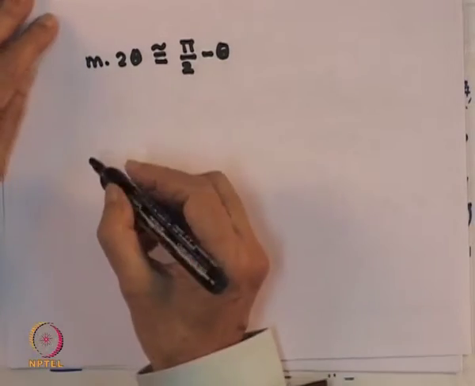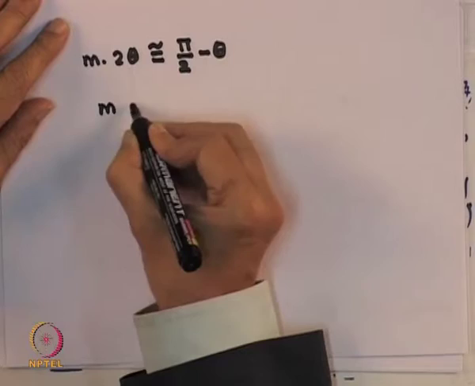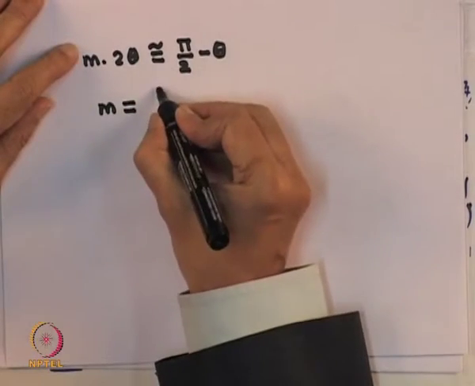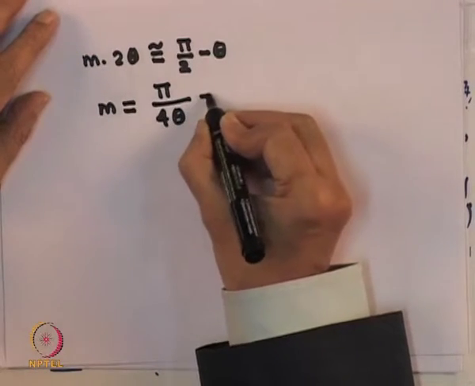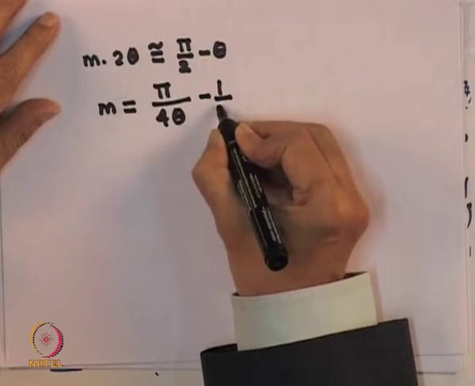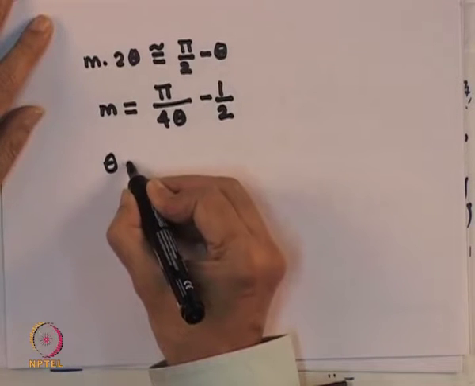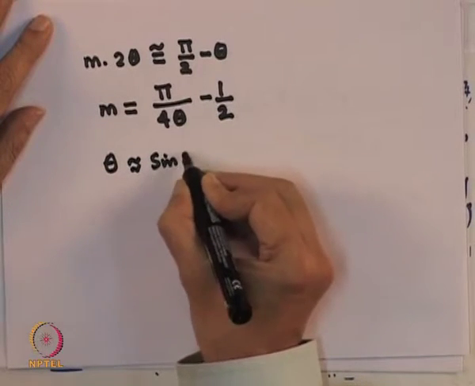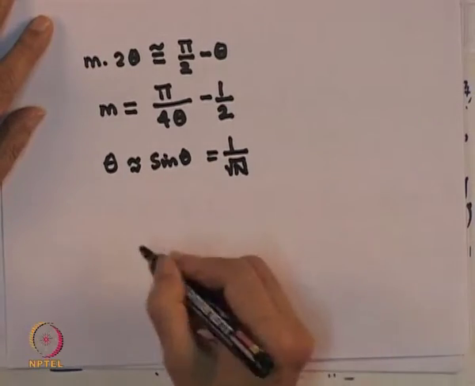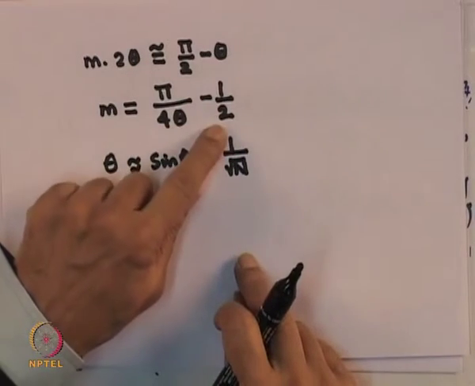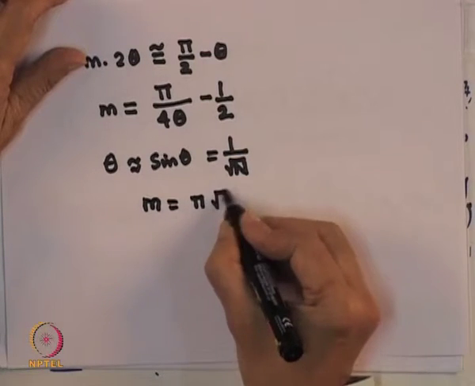Now if you solve this in general, then you notice m must be approximately equal to pi by 4 theta minus 1 over 2. Now since we have said sine theta is equal to 1 over square root of n, for large n I can ignore this term and I can find that m is equal to pi square root of n by 4.